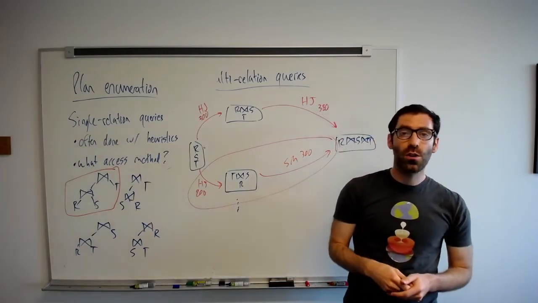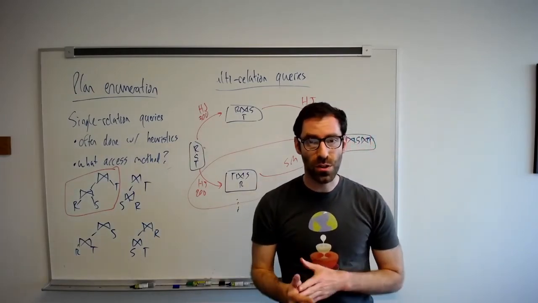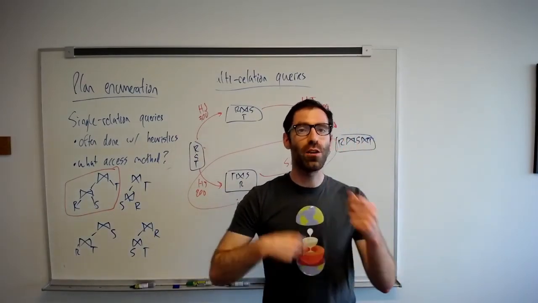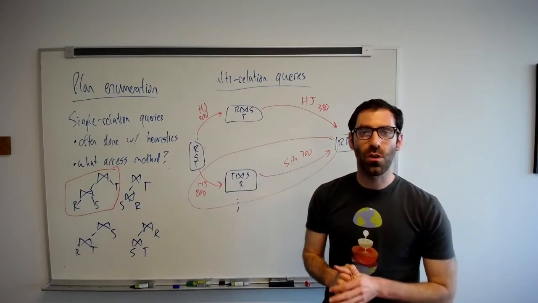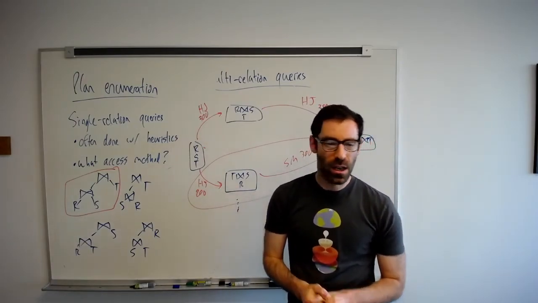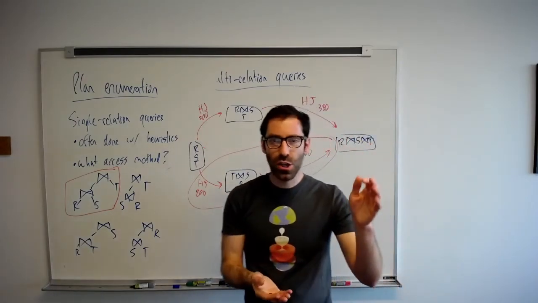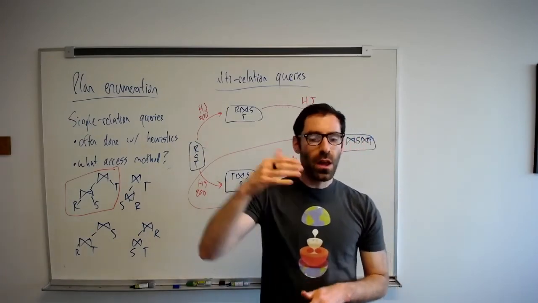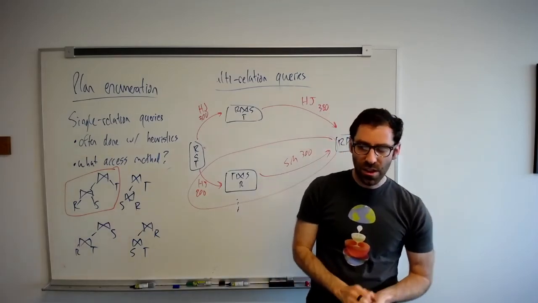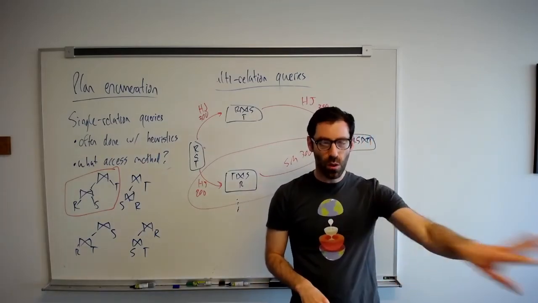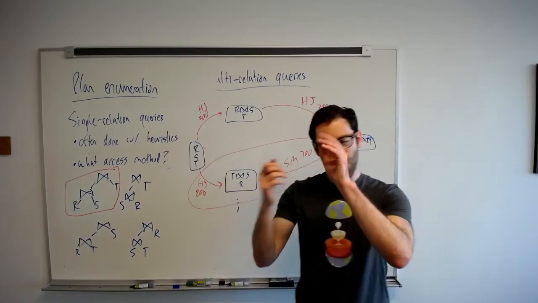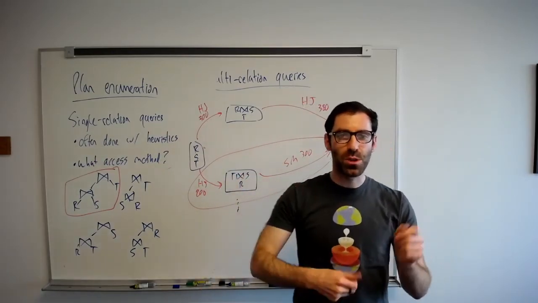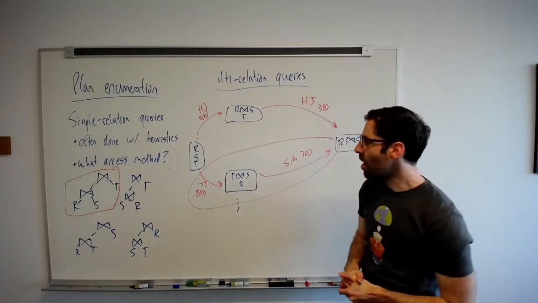But if you have a query with more than 12 joins in Postgres, it actually has a genetic algorithm that it uses to try and evolve the optimal query plan by generating a population of possible query plans and doing a cost estimate for all of them, throwing away the worst ones, and then producing a new generation by mixing and matching between the existing plans.